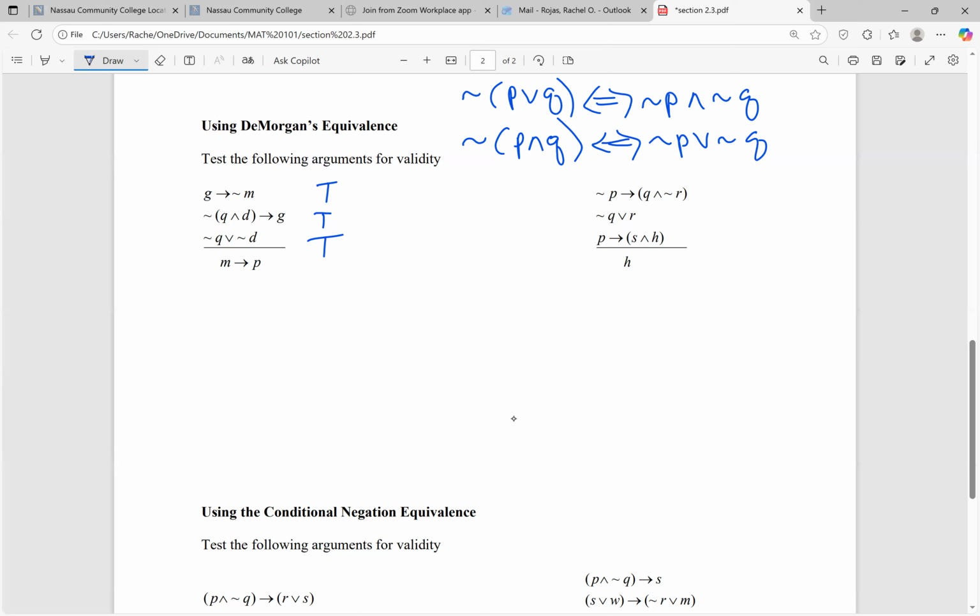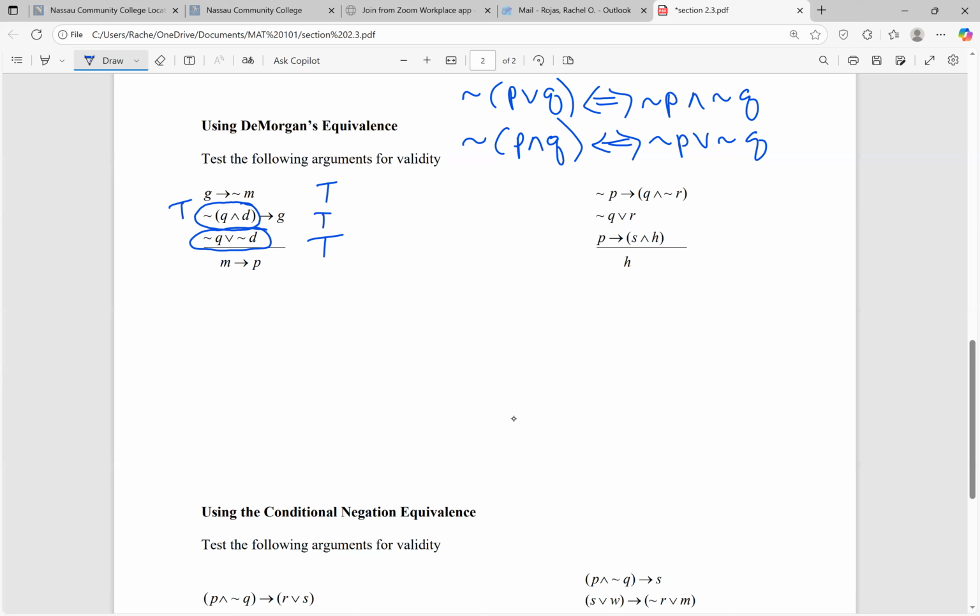If we applied De Morgan's equivalence to that, that would be not Q or not D, which is exactly what I have as my third premise. So that means the third premise, which is true, has the same truth value as not (Q and D), so we could say that's true also.